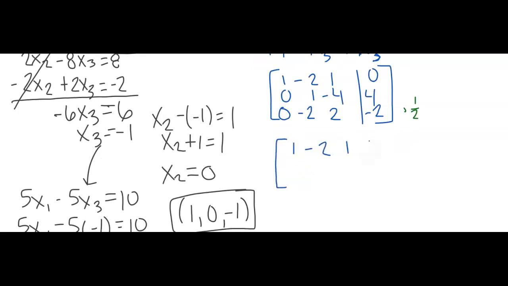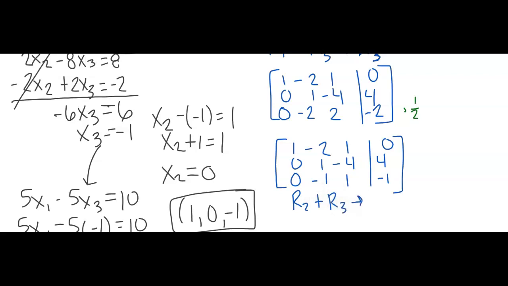In this one, it doesn't look like I'm going to end up using that second row operation where I could switch rows, but we'll have plenty of examples where we'll be able to do that. All right, now if I take row 2 and I add row 3 and put that back into row 3, I'm going to end up zeroing out this part right here.